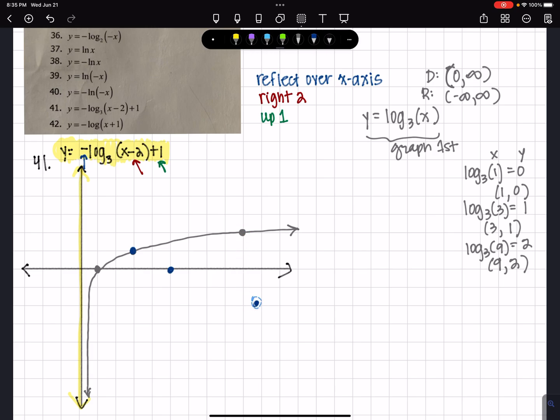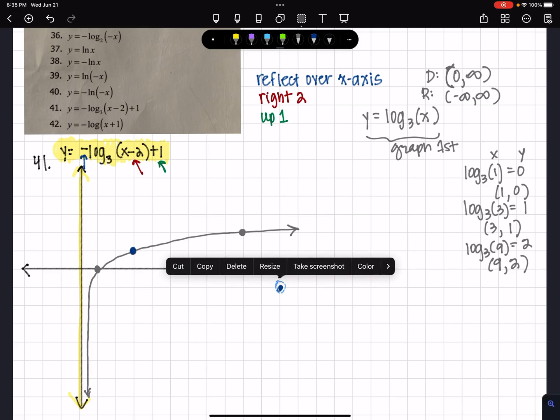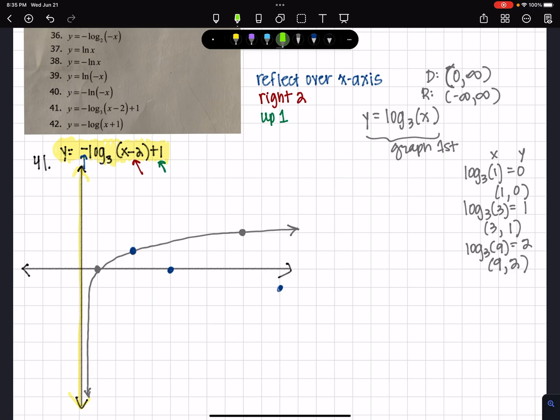And then we're going to go right 2 and then up 1. And you can see that when you reflect this asymptote, it just reflects onto itself, right? And then you go right 2, up 1. The up and down isn't going to impact it. It's the right 2 that's going to impact it.